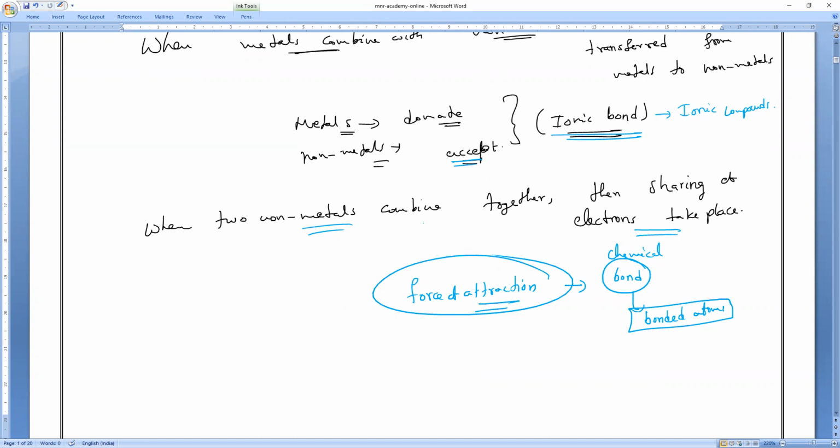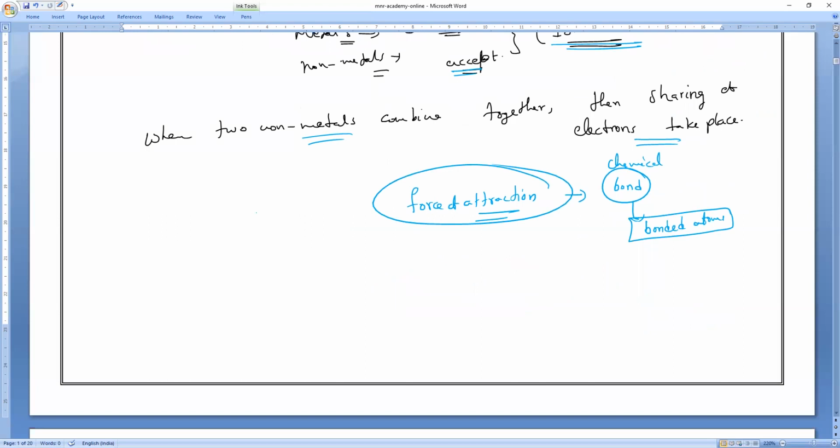Now, observe carefully: whatever you take, metal or non-metal or noble gases, who decides the behavior? Suppose you take a boy or a girl, any particular person, who decides the behavior?